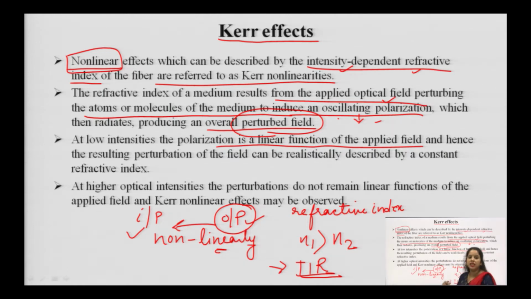The polarization is now oscillating, changing as per the optical field applied to it. So at low intensity, when the polarization is a linear function of the applied field, the resulting field can be realistically described by a constant refractive index.